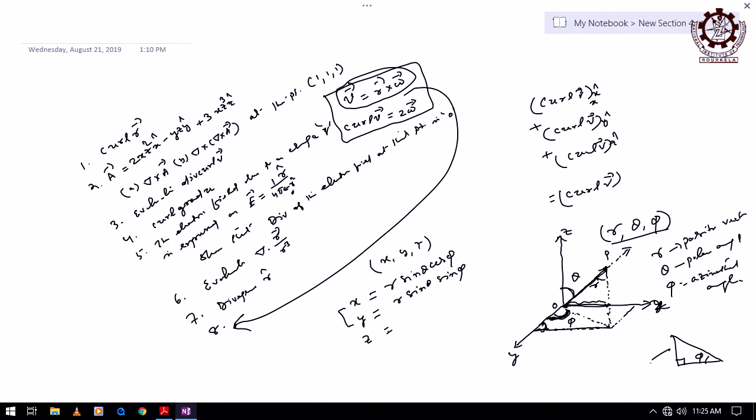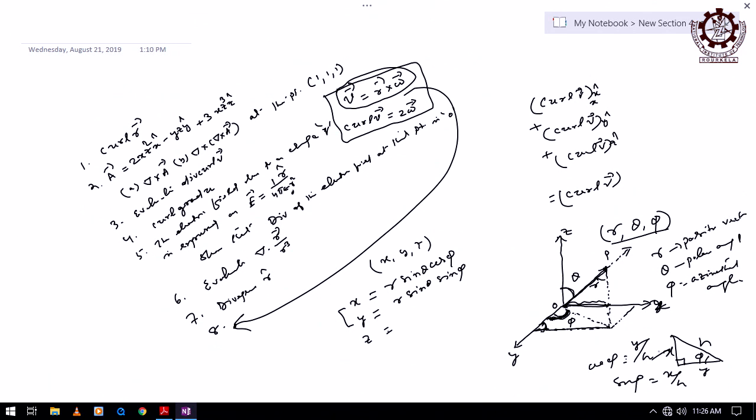In the right angle triangle, if this angle is phi, it is opposite side by hypotenuse. You cannot vary it. If you change it, it is wrong. Cos is adjacent side to hypotenuse, sin is all the time opposite side to hypotenuse with respect to that angle phi. If it is x and h, then sin phi must be x by h, and cos phi, if it is y, then y by h. You cannot change that.